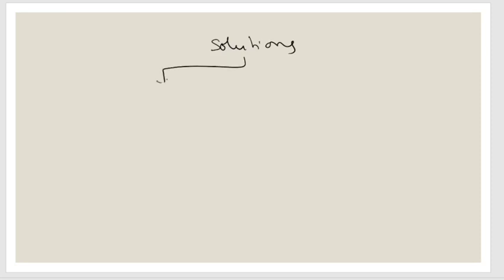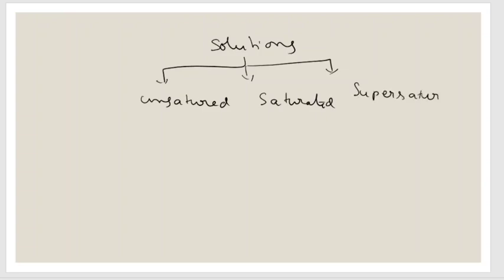Solutions, if we consider, are of three types. They are nothing but unsaturated solutions, saturated solutions, and supersaturated solutions. By taking an example, we can easily remember what they are.